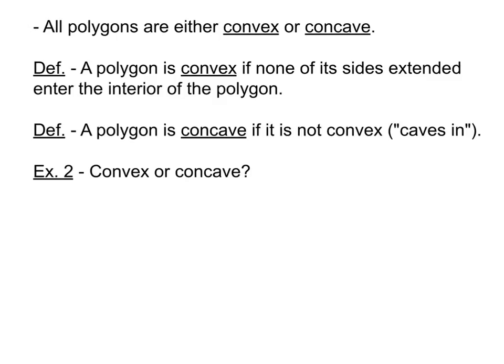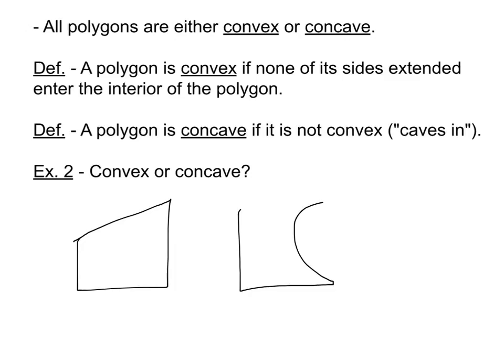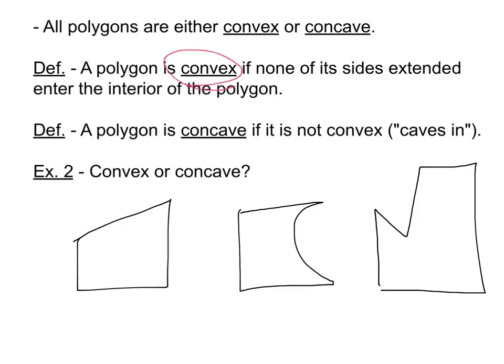So let's look at three more examples here, polygons that are either concave or convex. And here we go. In this first one, we can check if it fits the definition for convex. If I extend its sides, do they enter the interior?